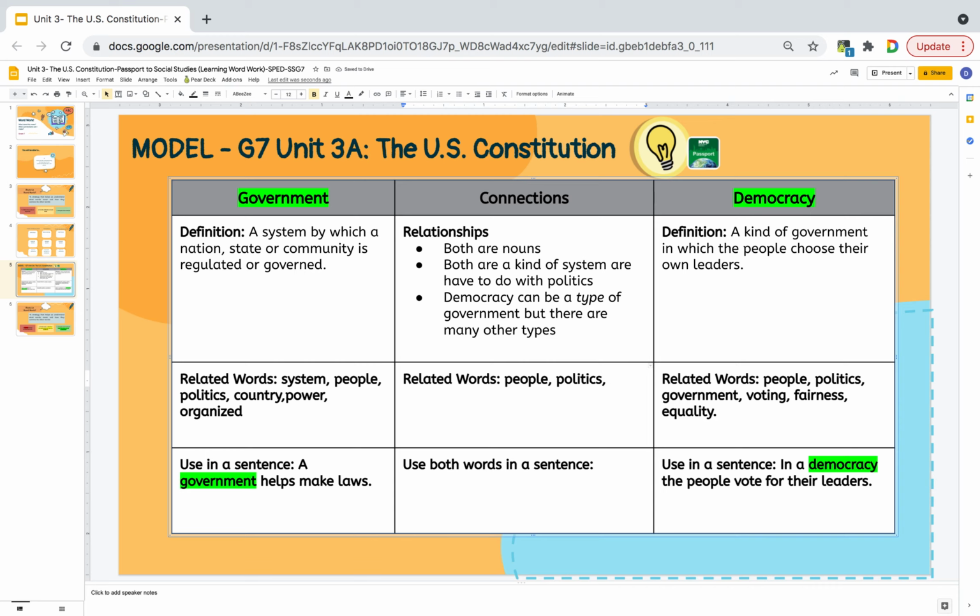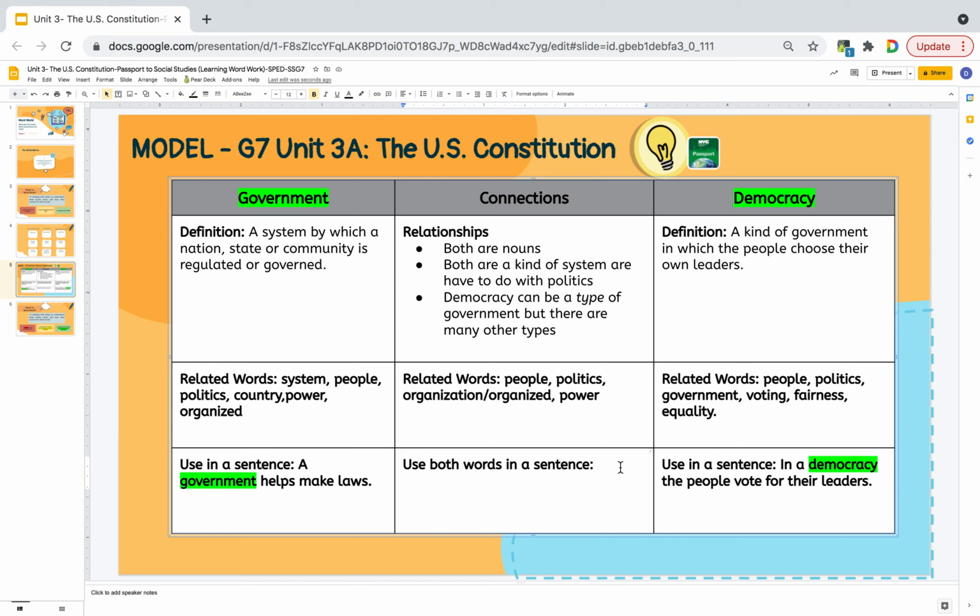They're related to organization or organized. And they're both related to power, because in a democracy, people have the power to vote. And that's how I make these connections in my head, but you can make your own connections, of course.